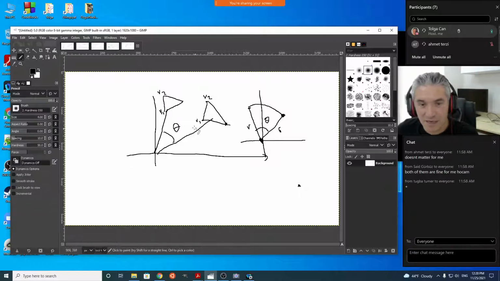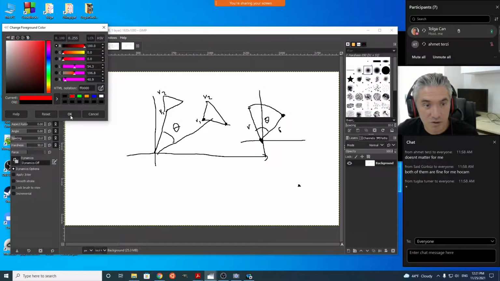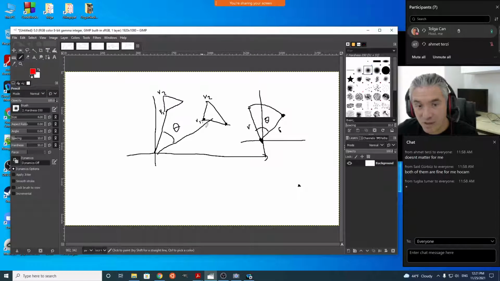Okay, so if you want to rotate this triangle around V1, not around the origin, we may want to do something like this. We may want, for example, an animation in which the triangle rotates around V1.